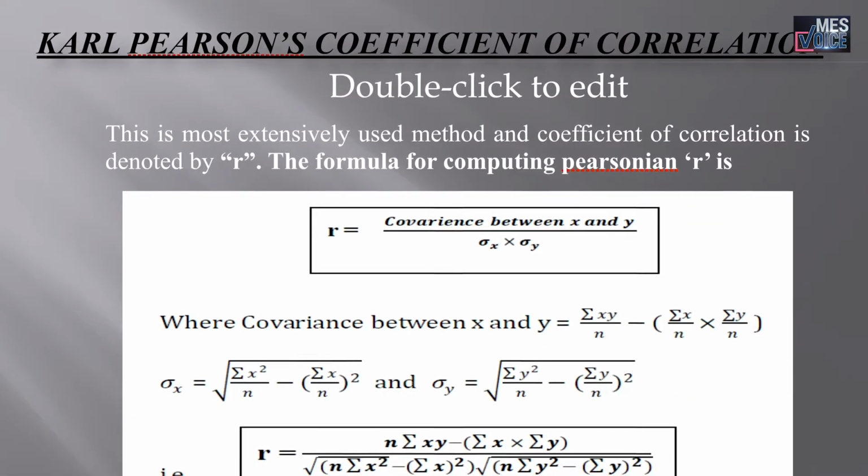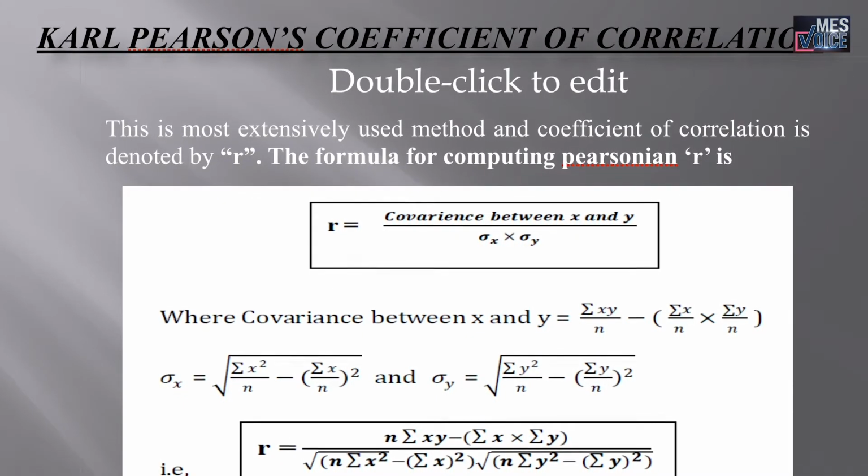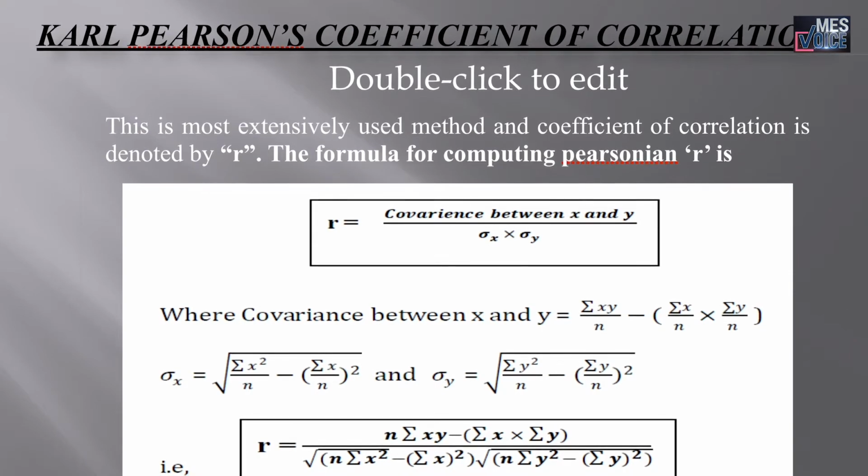There are mainly three methods for finding simple correlation. First method is Karl Pearson's coefficient of correlation.